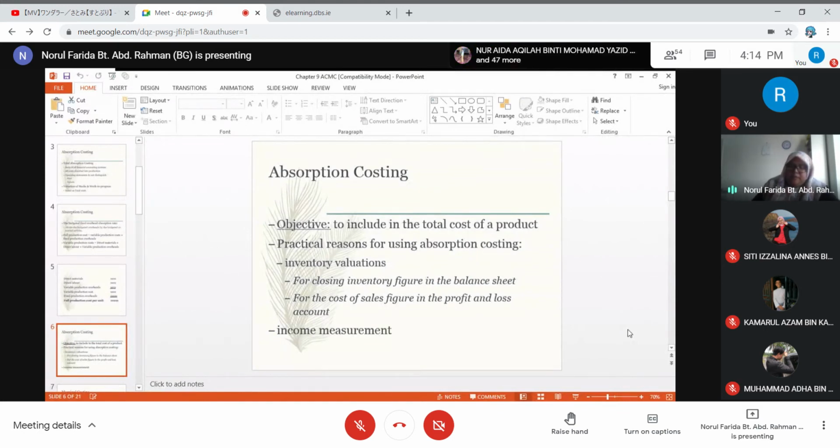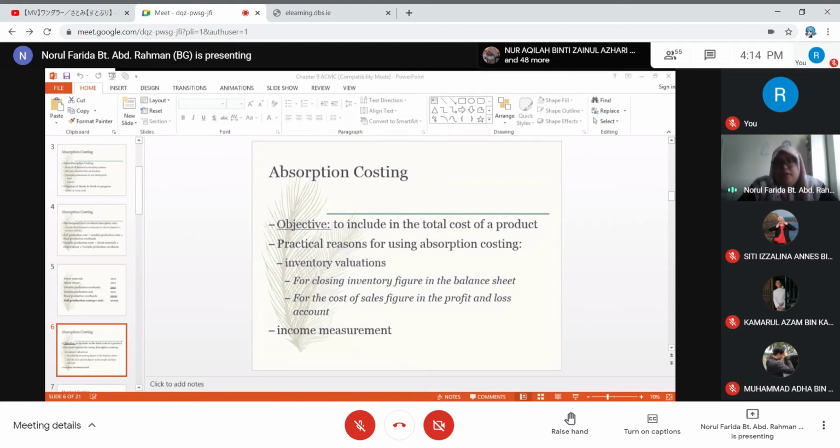Alright, so bila ada when the actual production is not equal with the normal or the budgeted capacity, there will be under or over absorb of fixed production overhead. Alright, so bila ini berlaku, you akan ada over or under absorb of fixed production overhead.